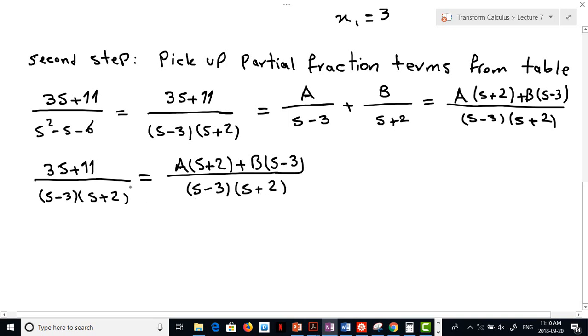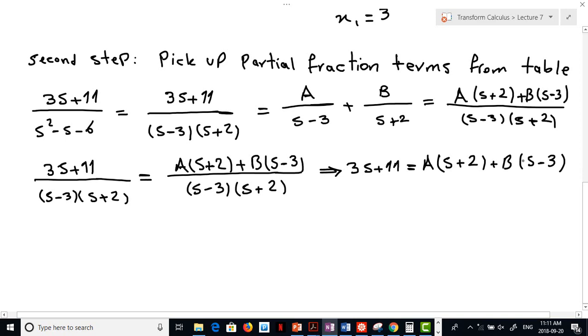We have two fractions that are equal and the denominator is the same. As a result, the numerator should be the same. So we can say that 3s plus 11 should be equal to A capital times s plus 2 plus B capital times s minus 3.